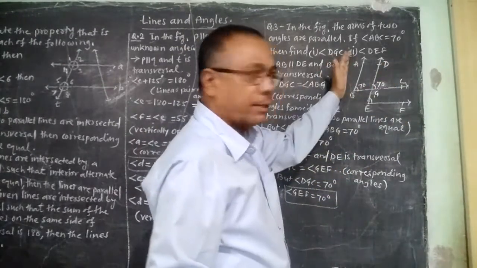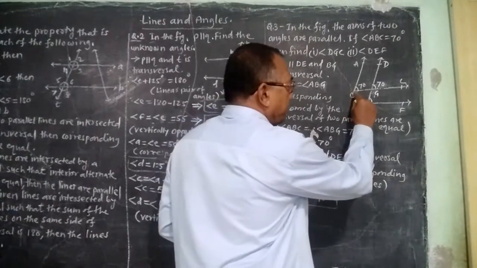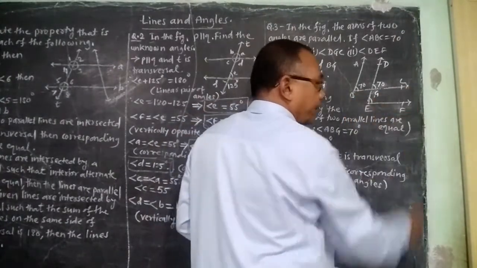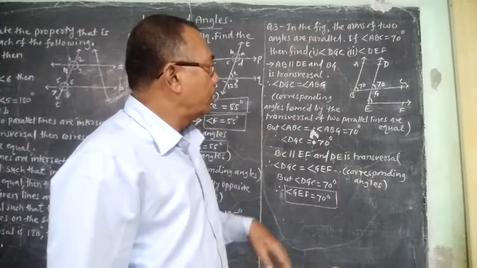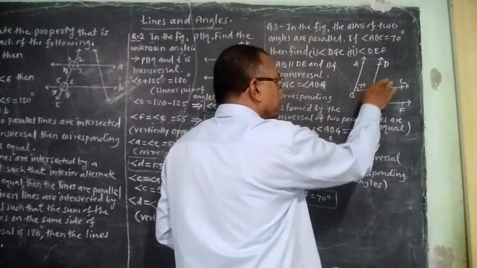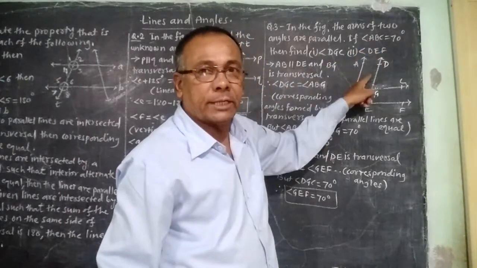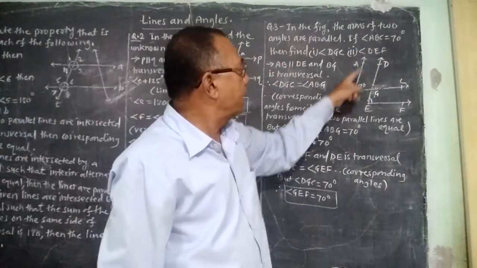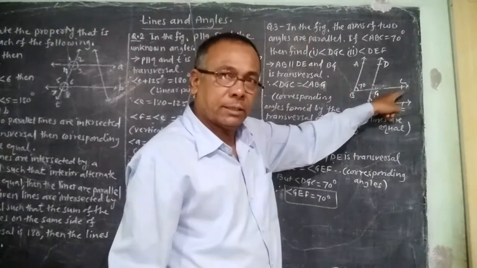Then the second pair is BC and EF. These two sides are also parallel, and angle ABC is given as 70 degrees, and we have to find angle DGC.